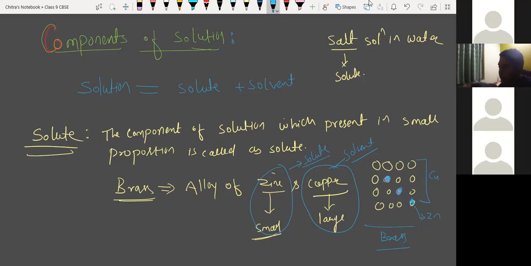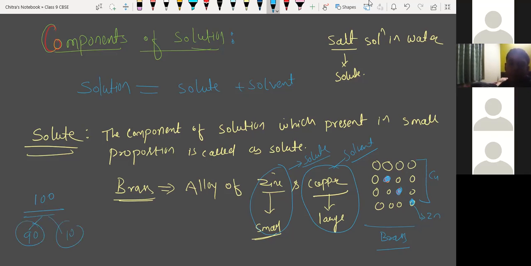You only have to remember: suppose we have 100 particles in a solid, 90 particles of copper and 10 particles of zinc.